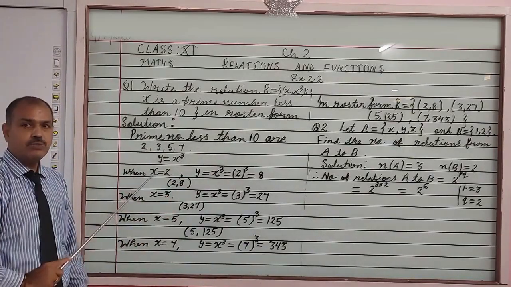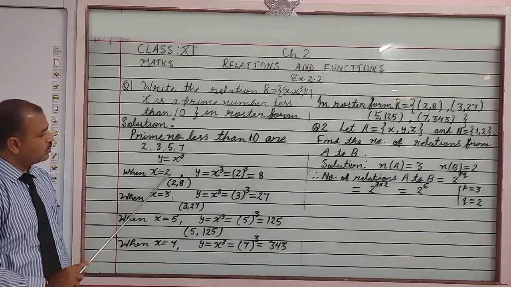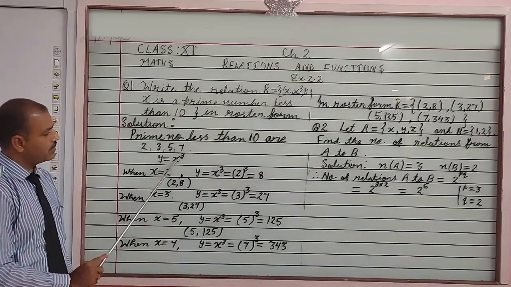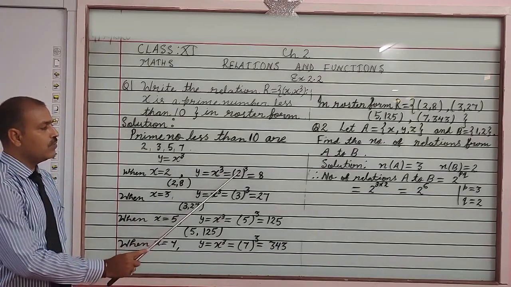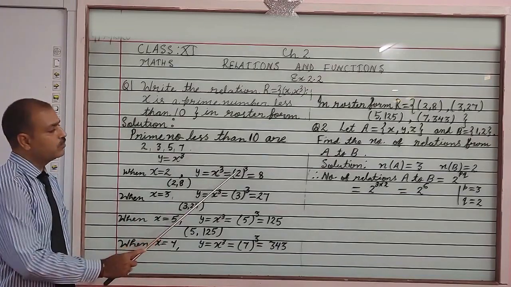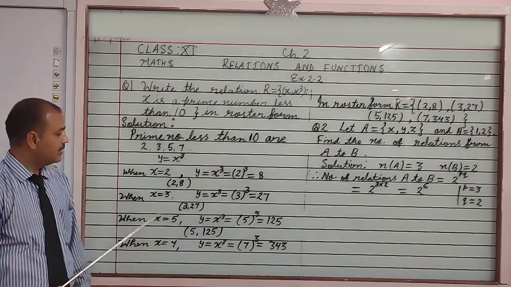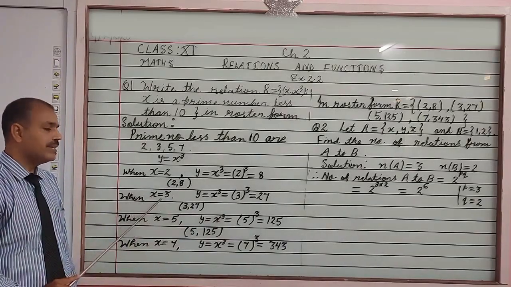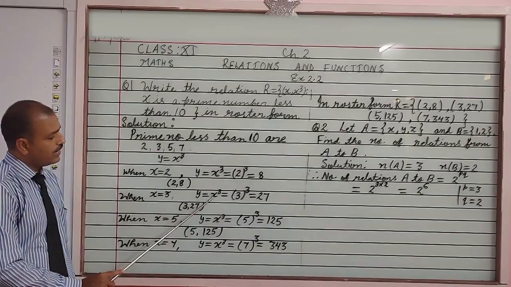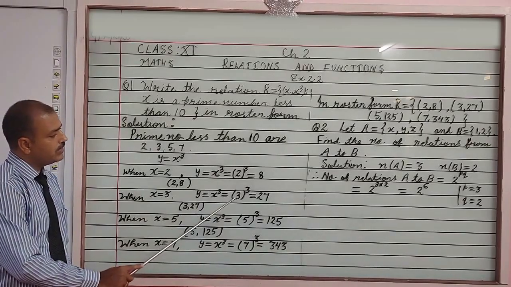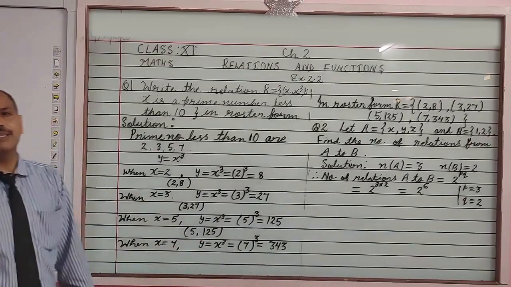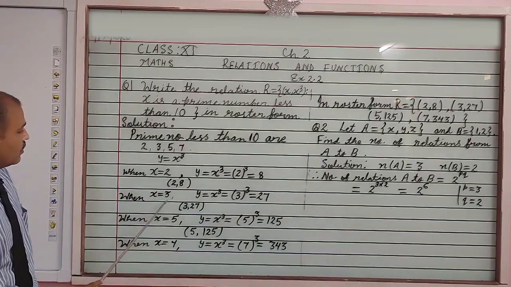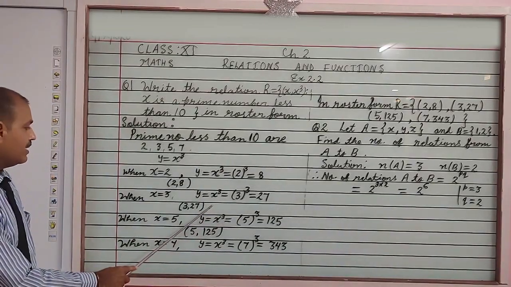When x is equal to 2, then y is equal to x cube, so 2 cube is 8. So (2, 8). When x is equal to 3, y is equal to 3 cube, which is 27. So (3, 27).